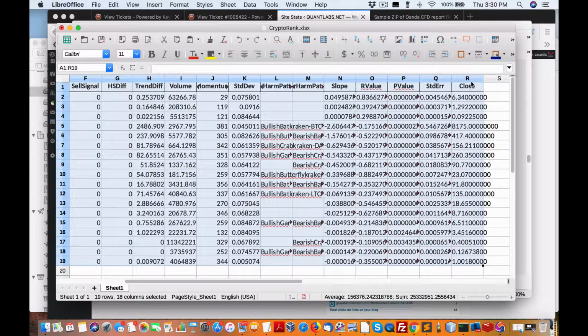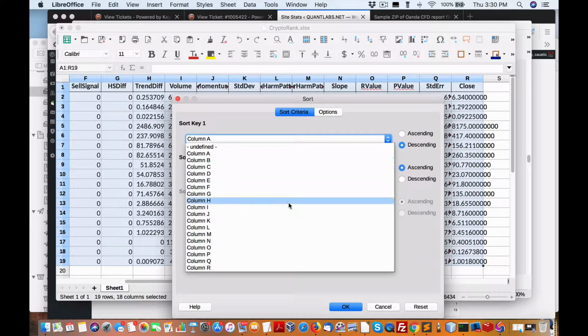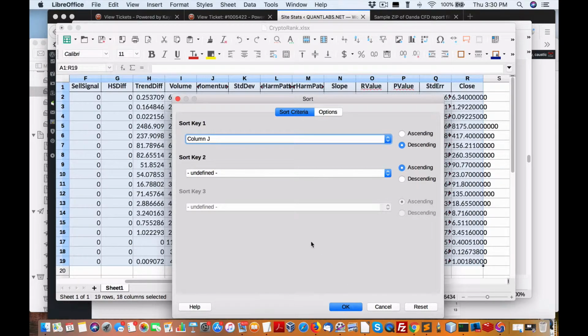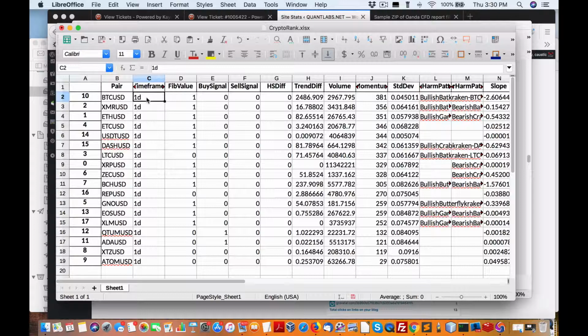Oh, volume. So that is column I. Let's see which ones are traded the most. Okay, so oddly enough, BTC is traded the most. Does that make sense? Or is it this end?